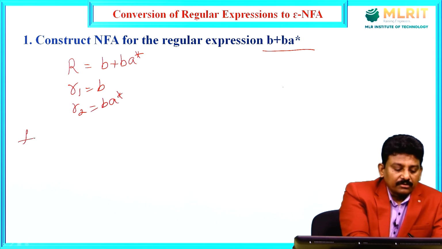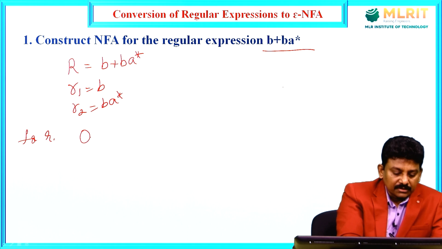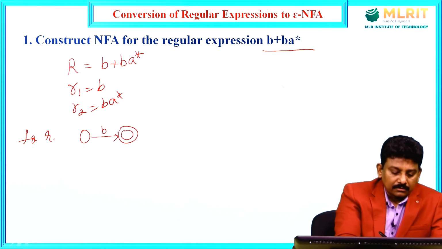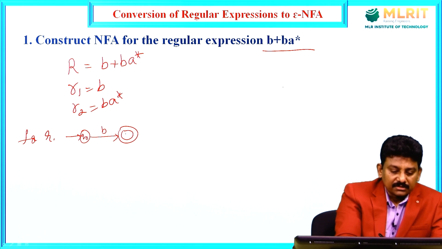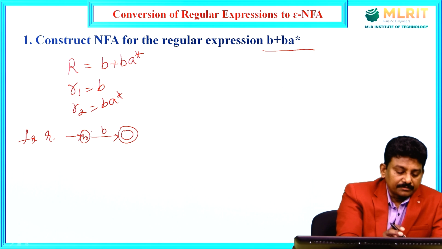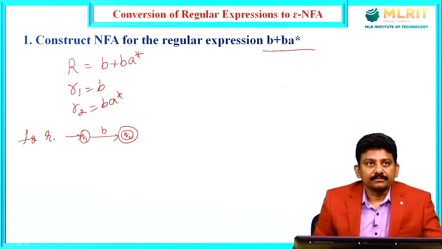So, for R1, the NFA will be: this is Q0, Q1, Q2.